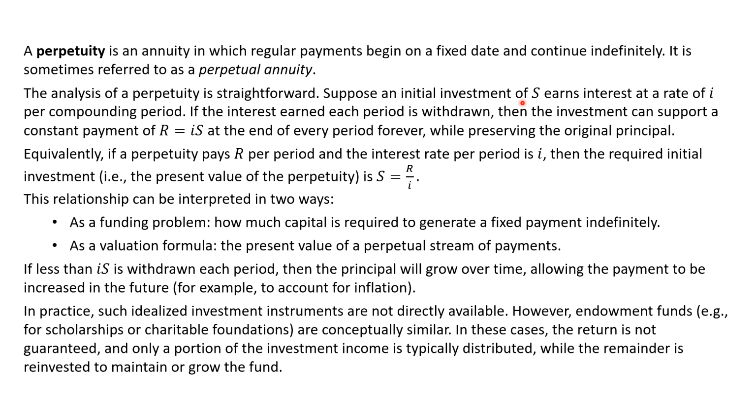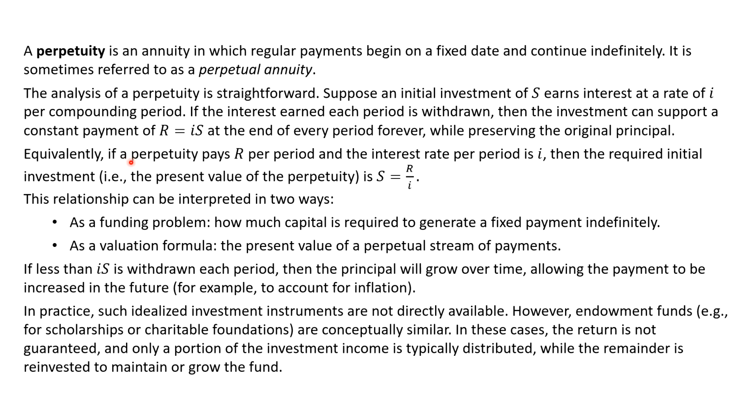Suppose an initial investment of S earns an interest rate of I per compounding period. If the interest earned each period is withdrawn, then the investment can support a constant payment of R equals I times S at the end of every period forever. So you're basically just distributing the interest and not touching the principal.